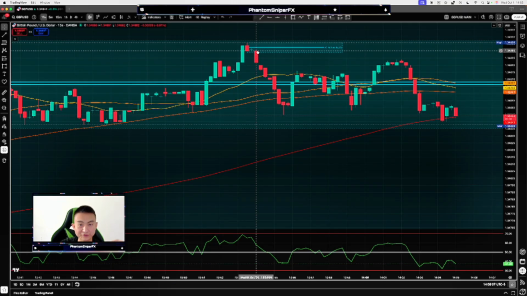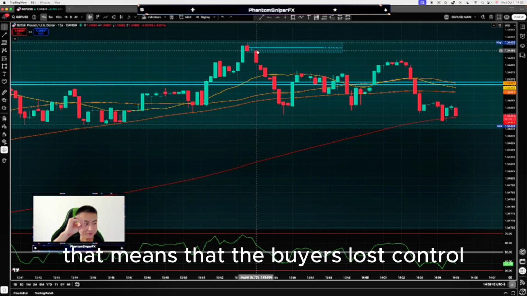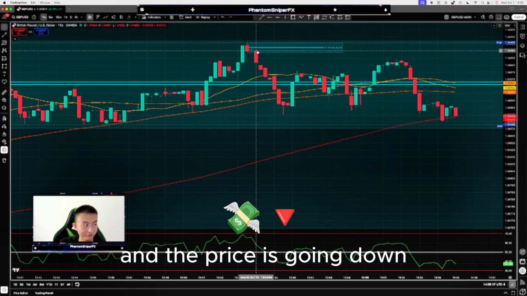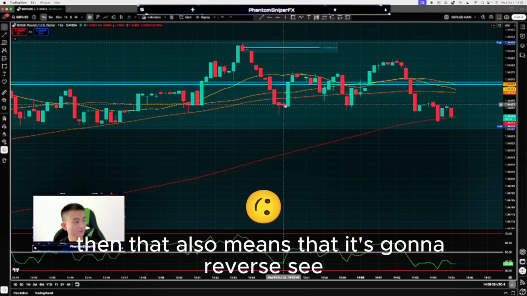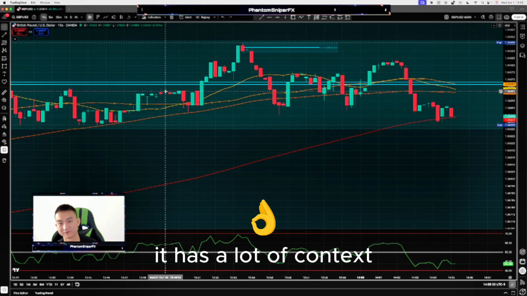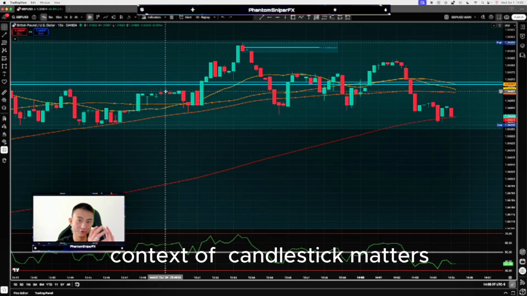So when you see that doji at a resistance level, that means the buyers lost control and the price is going down. But if you see that doji right here, then that also means it's going to reverse. See, it has a lot of context. The context of the candlestick matters.